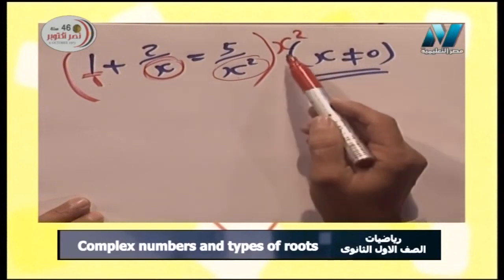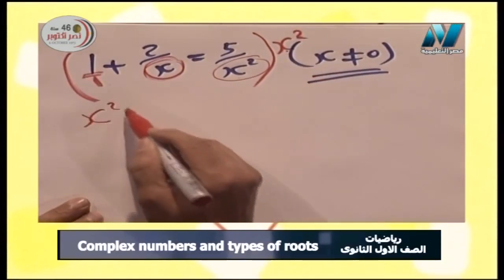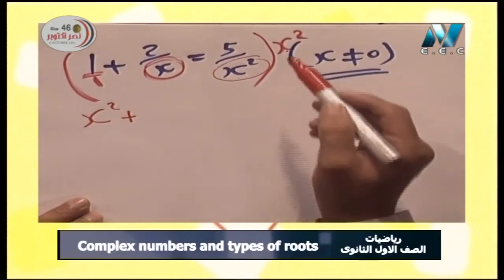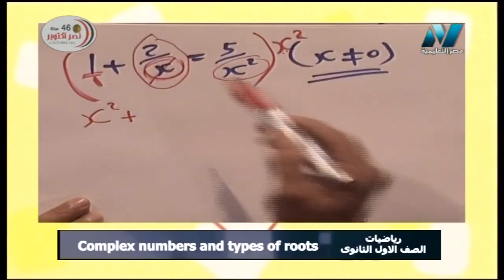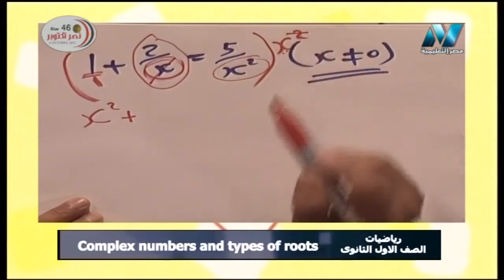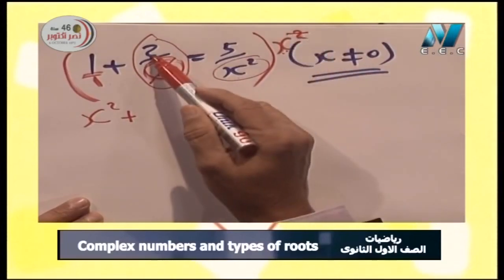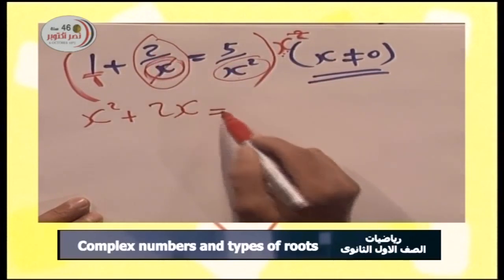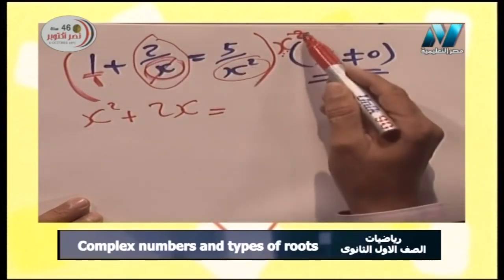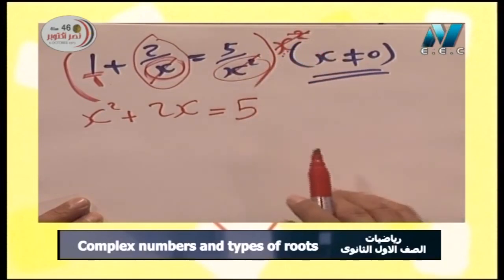Because x² times 1 gives x². And x² multiplied by 2/x: the x cancels with one x from the numerator, and the answer is 2x. And 5/x² times x² cancels, and the answer will be 5.